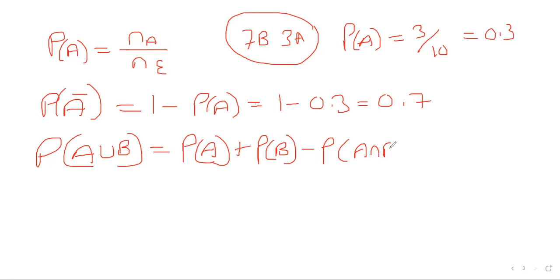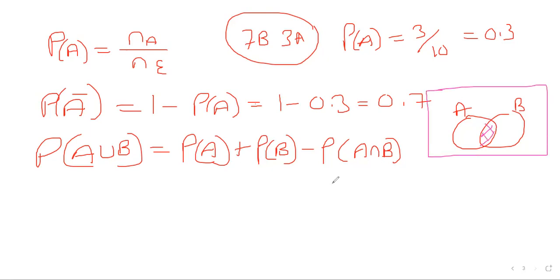To intersect is to find common ground. So where A and B are crossing each other, we call that the intersection. The intersection of A and B is this middle. That is what we call A and B.